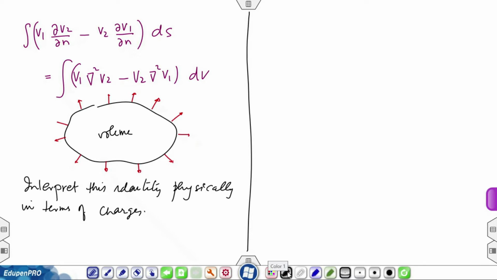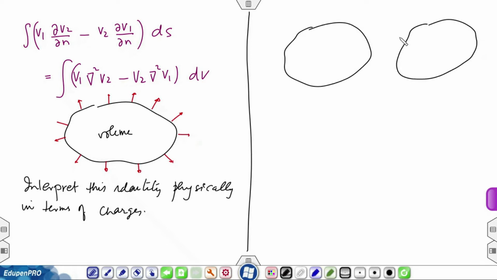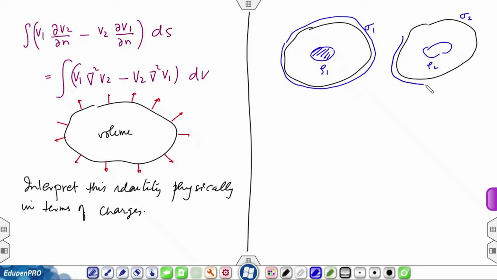So, let us say in this volume I create 2 situations, whereby in one situation I had charge density rho 1, sigma 1 on the surface, and in the other situation I have charge density rho 2 and sigma 2 on the surface. And let us say these boundaries, so let me make it slightly thicker, are conducting. So, I have this cavity in a conducting shell.